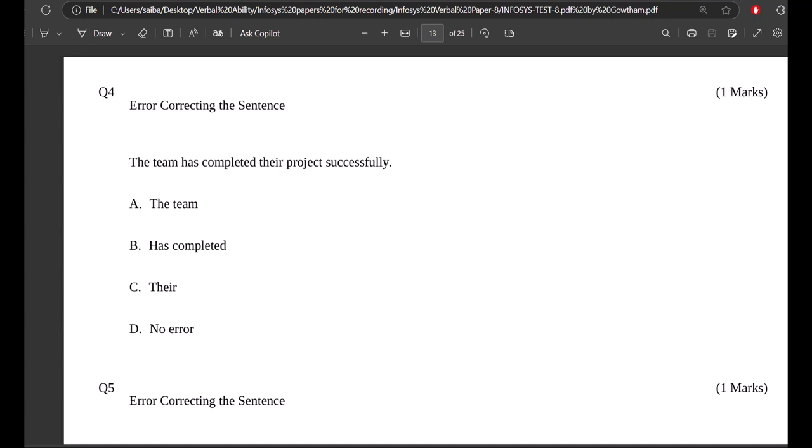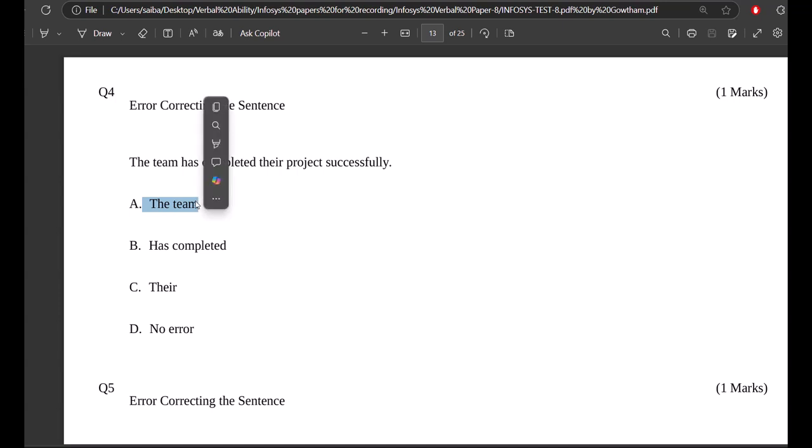Here, as we discussed, the team is a collective noun, so we want to consider the subject as singular.